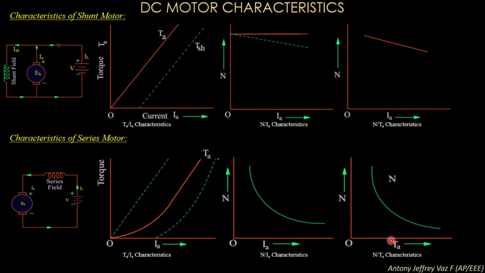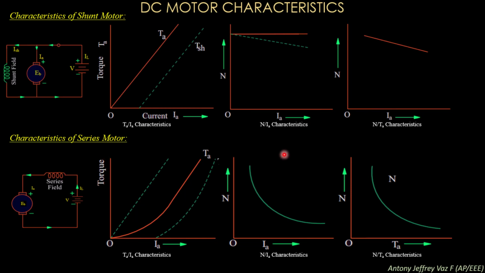At the same time, when you come here, the speed developed by the motor is very high, whereas the torque becomes minimum. So this ideal characteristic is very useful for electric traction. All the electrical trains that are produced are made with DC series motors.